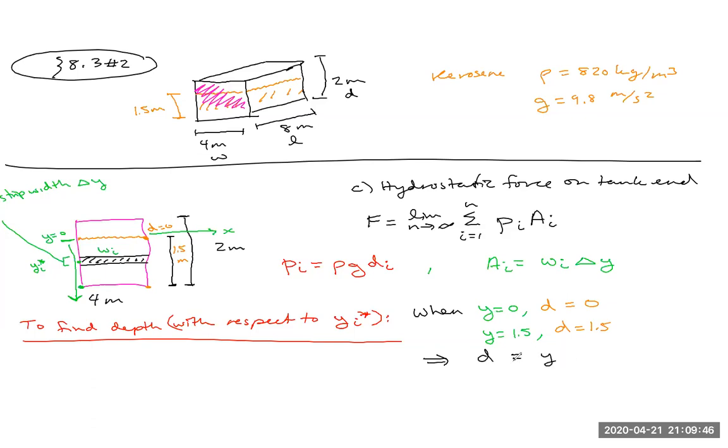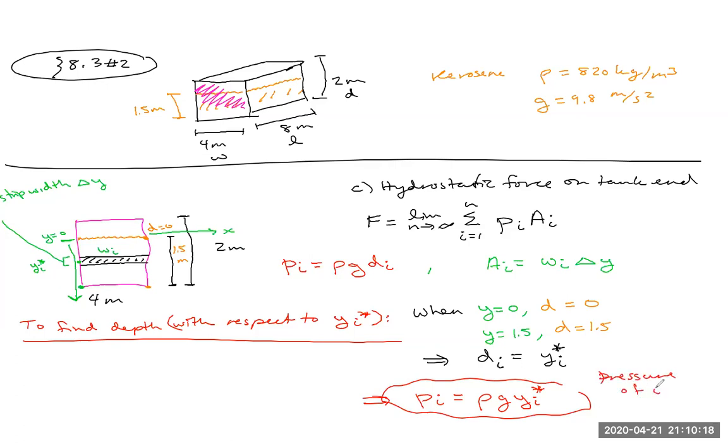And when that occurs, remember you're talking about the ith strip. So the depth of your ith strip is the same as y_i star. Okay, so what that means is your pressure of the ith strip is rho g y_i star. Okay, let me save that.